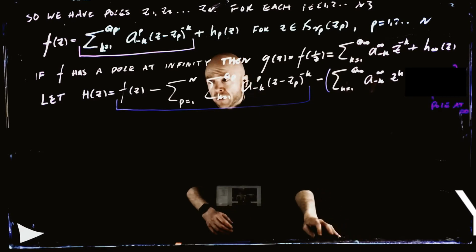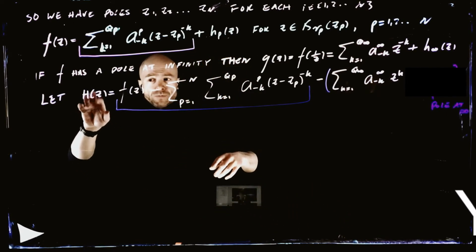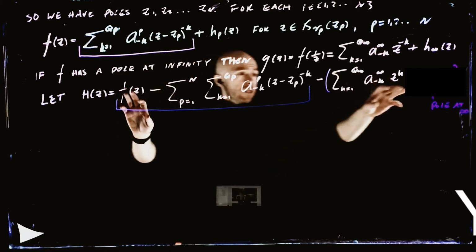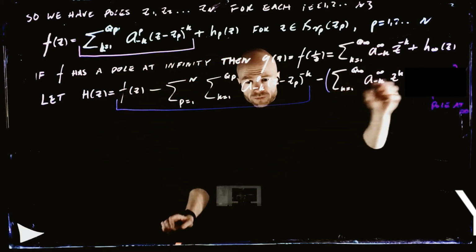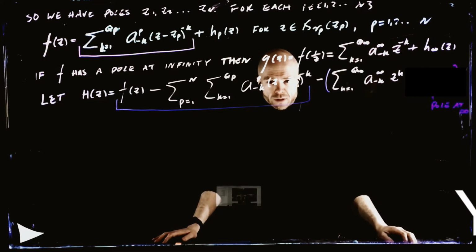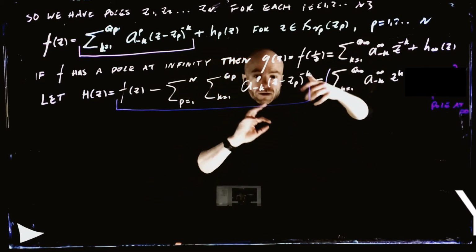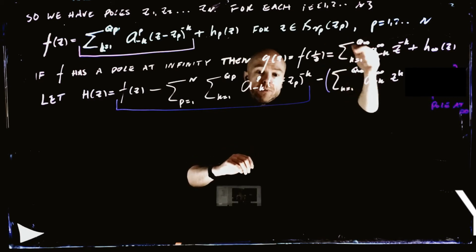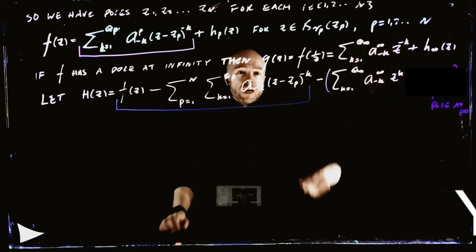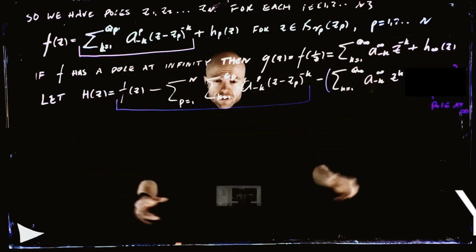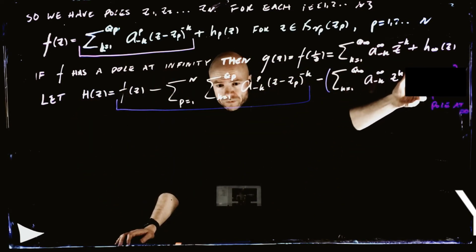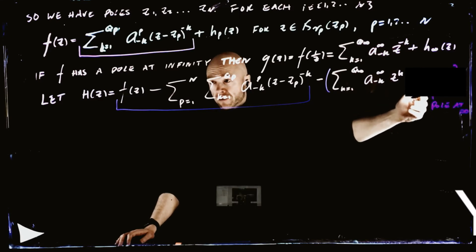In fact, we have good effects because we know that as z goes to infinity, f of z looks more and more like this thing, and we're taking it away. That's what we talked about last class, that if we have a pole at infinity, then near infinity f looks more and more like the leading order term of the pole at infinity. And we're stripping all of these things away. So not only does this thing have no singularities, but it also turns out to be a bounded function.